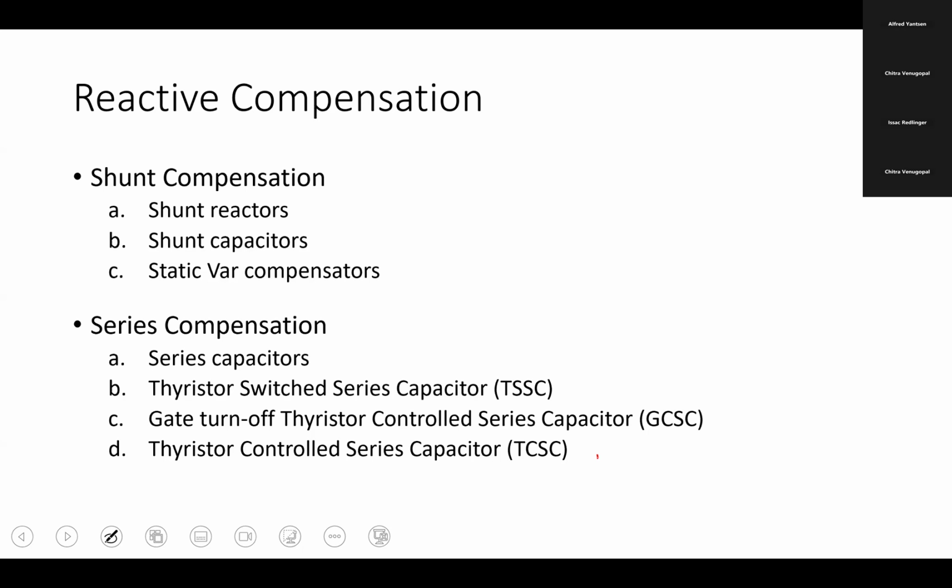It increased the load's inductive nature. So when the inductance is increased, what happens? The power angle becomes wider, and then the sending end voltage and receiving end voltage will not be equal. Impedances are not matching.